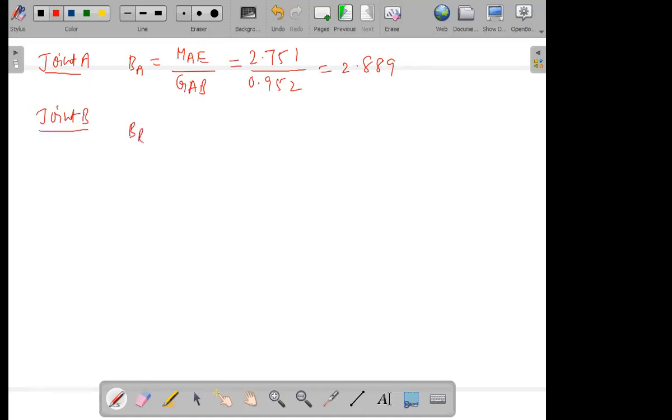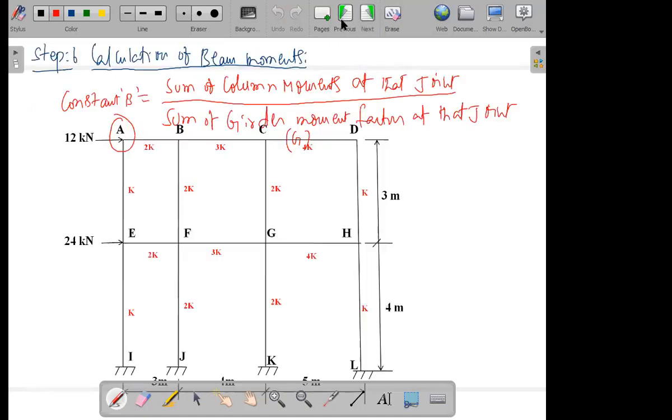Similarly consider joint B. Here you will get bB. Coming to joint B, two gutters are there and one column is there.